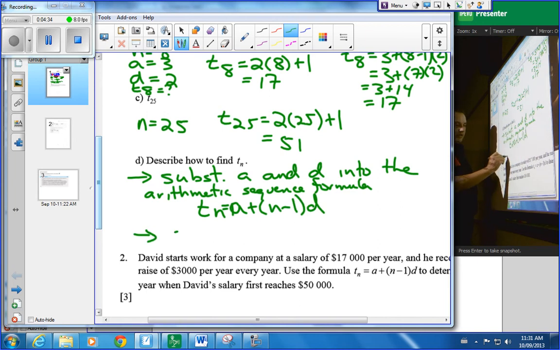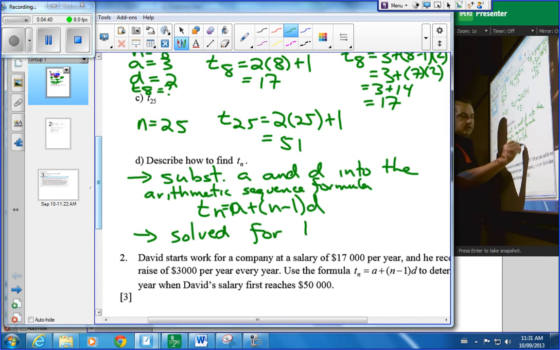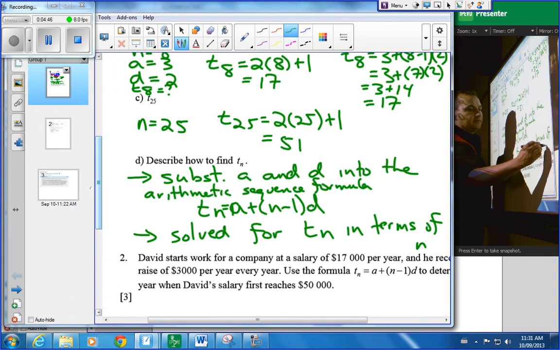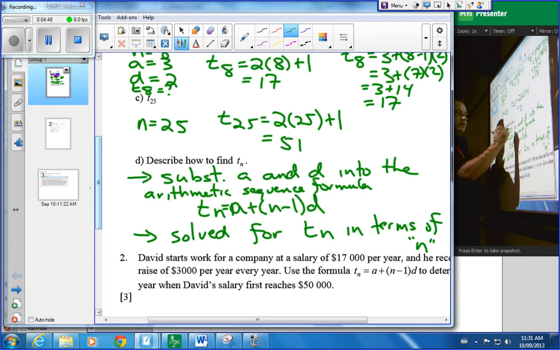And I solved for Tn in terms of n. And if you want, you can put the parameters or the variables in brackets there. Okay, so something along those lines.